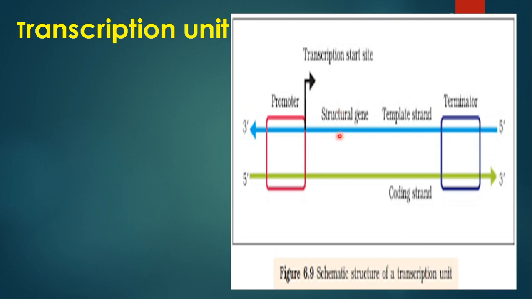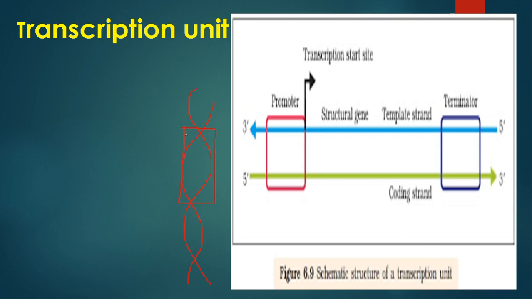Now the transcription unit is in a long strand of DNA. Suppose this is the DNA, and only this small portion of DNA is undergoing transcription and is responsible for formation of RNA.